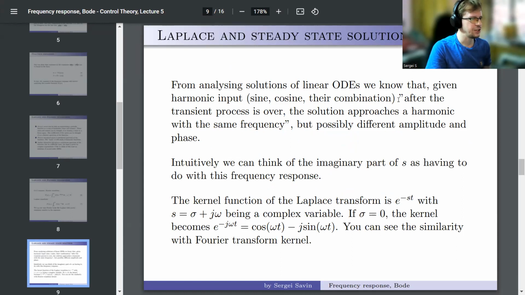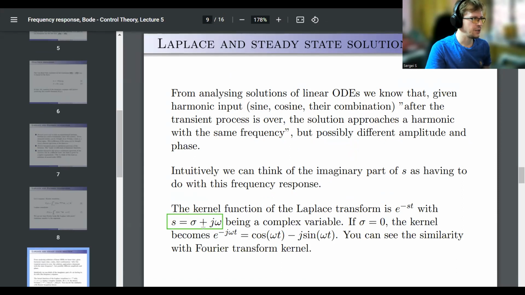This is the same as what I was just saying. So when you study, you can go through this text on your own. This kernel that we left. So this is our Laplace variable.